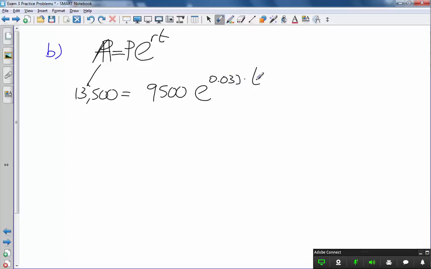All we need to find out is T. This is your princess. And we have done many questions like this. There is a tower you need to demolish, and there is a guard waiting for T. So which one do you kill first? Which one do you take care of? The 9,500, always the guy in front, right? You divide both sides by that.